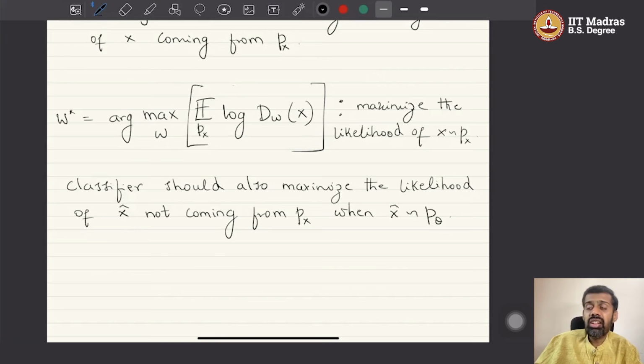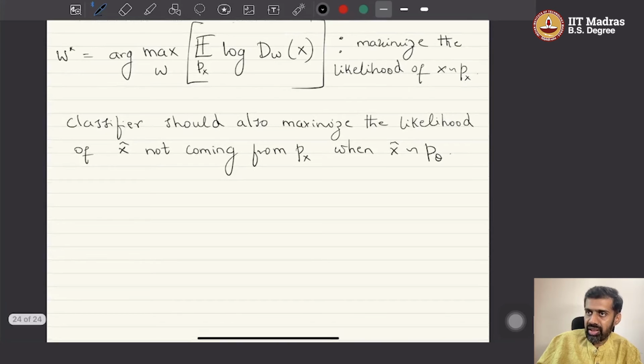So what does this mean? The classifier has to also maximize the likelihood that x cap does not come from px whenever it is sampled from p theta, obviously. So how do we write that mathematically?